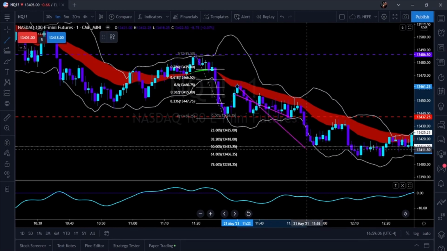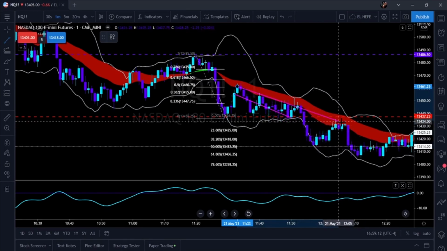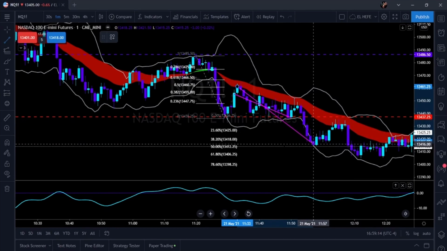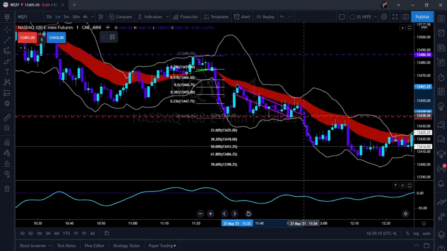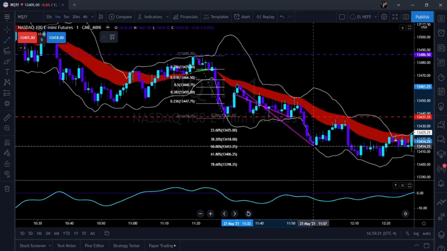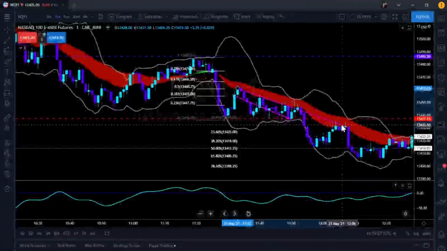I'll be honest with you, I would have sold that rascal right here. So let's just make it realistic. I wouldn't have held through that pullback right there, because we busted below that red level, you know what I mean? And I wouldn't be trusting it.